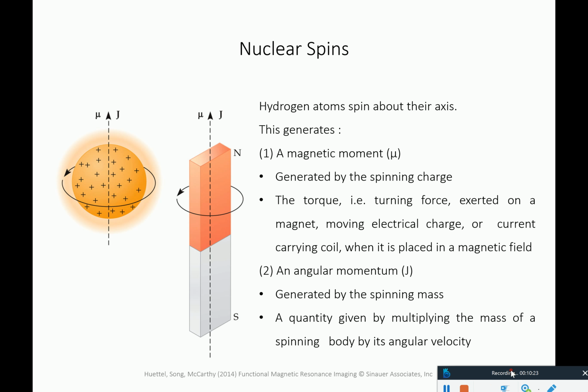Now, the thing here in this context is that these protons have a magnetic moment, so in a way one can also think about them as little magnets. And this is already getting to the classical model.